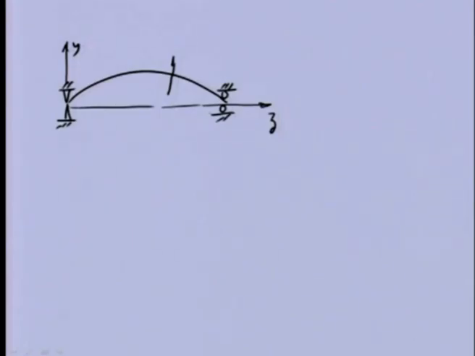Let us say we are considering the motion in these two planes at present. Let us define the location of the disc. From one end it is A, from the other end it is B. The total length of the shaft is A plus B. We have a linear displacement of the disc along the y axis, that is y, and there is a tilting of the disc from the vertical axis.